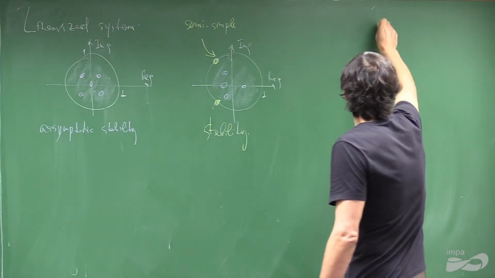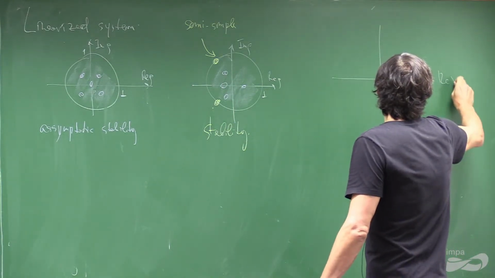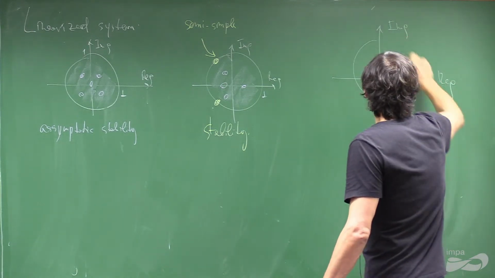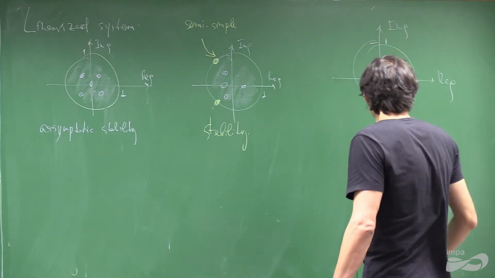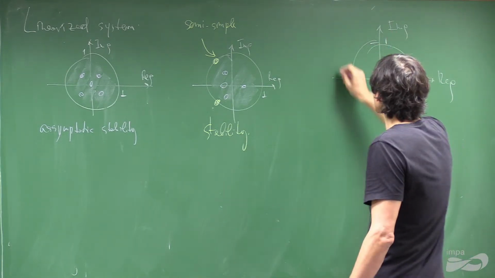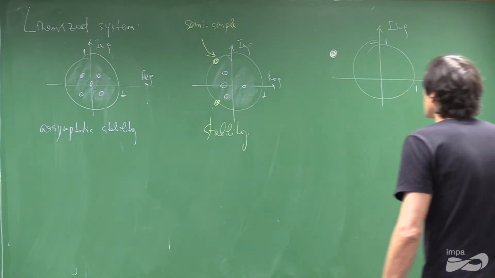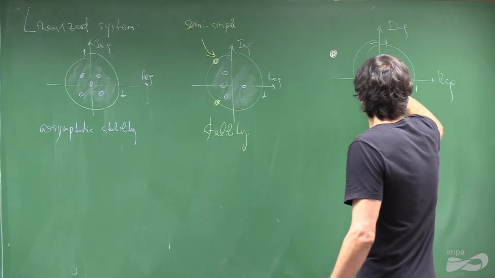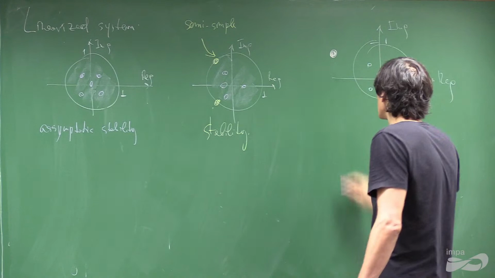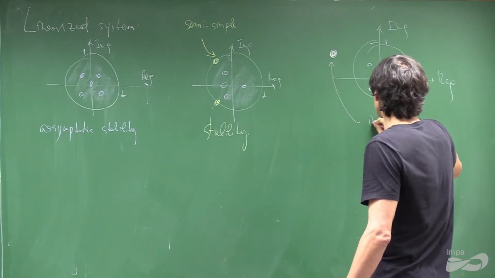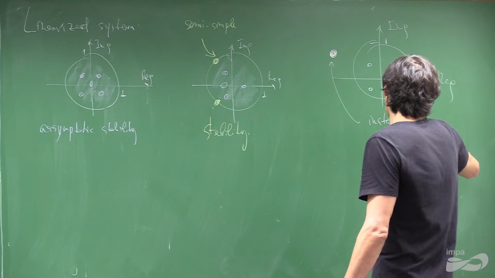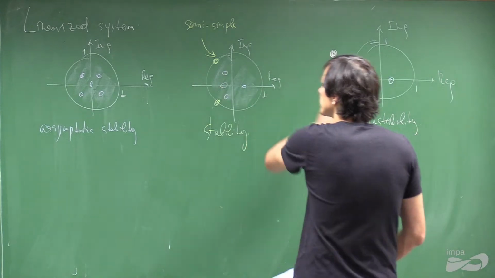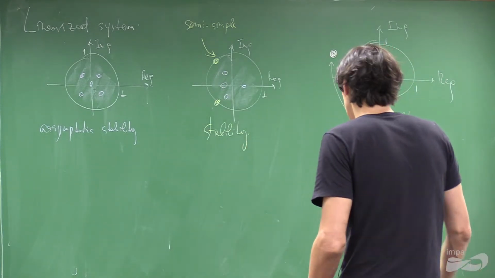And finally, whenever one eigenvalue is outside the unit circle, the others can be inside, it's okay. But it's enough to have at least one of them to have instability. So these are three cases which correspond to stability, instability, asymptotic stability of the linear system.